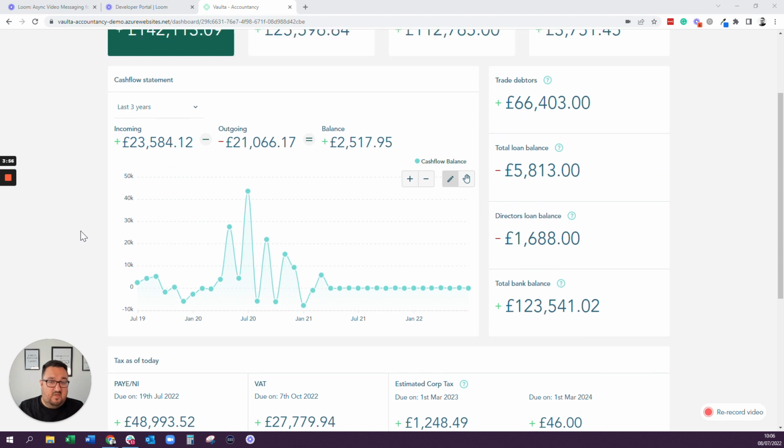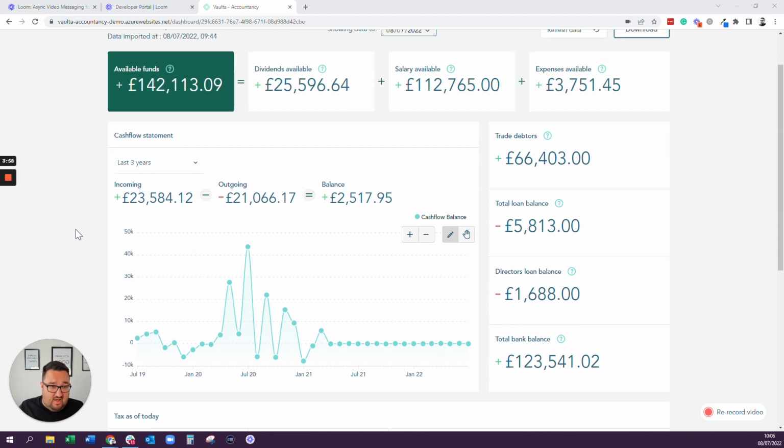Now number 5 is sort of taking all of this data together at the top here and talking to them about cash flow a little bit. Now when I say a little bit, it's because we're not going to delve into tons of detail here around cash flow within Vaulta, but it's starting to facilitate that conversation. So as we well know, the dividends available figure is based on invoices raised, the invoice date, regardless of whether that's been paid.